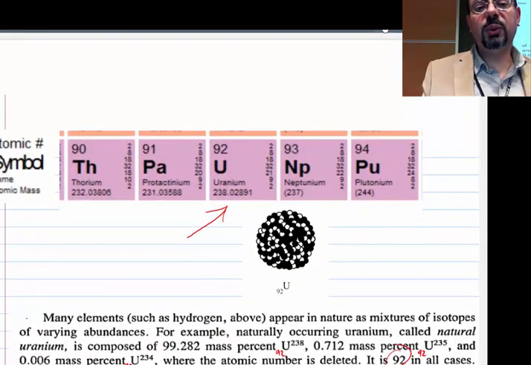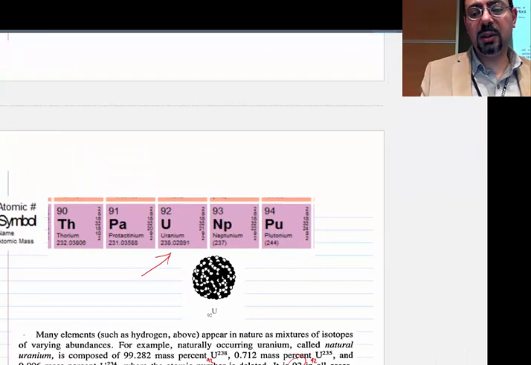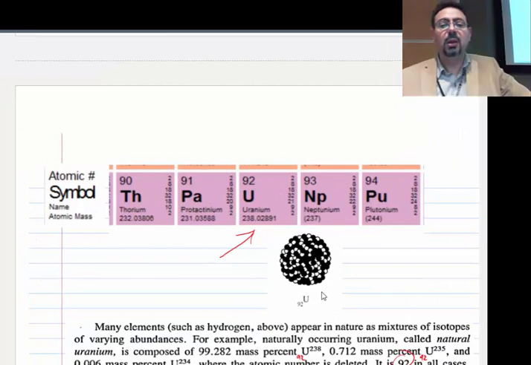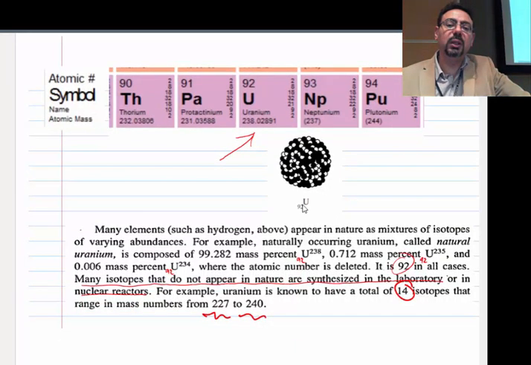So the one that we care about the most is uranium. Okay? And 92 uranium. So again, we don't have to write 92. Just the fact that we write uranium is enough for us to understand that it is 92.